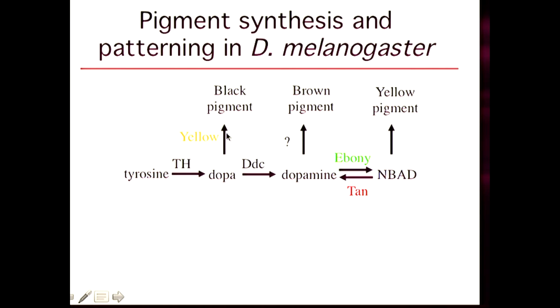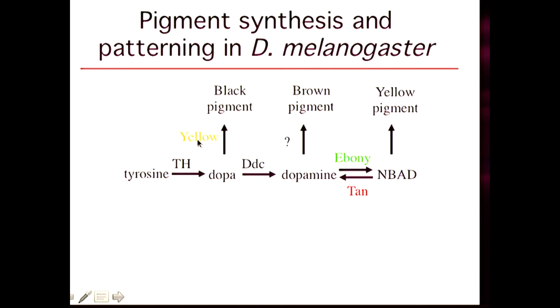Okay? The reason I mention this pathway is that because it's all working off of the same precursor, if we change expression level of yellow or ebony, or tan in fact, we end up shifting the balance between these different pigments. So if I make more ebony, this pathway predicts, and in a minute I'll show you, you get more yellow pigment produced and a reduction in the black and brown pigments as these molecules are sort of used in a different way.